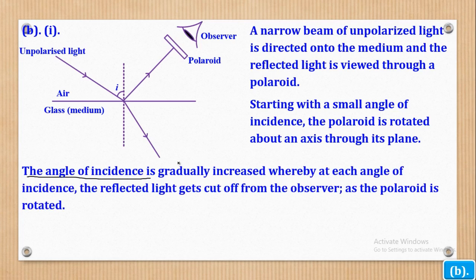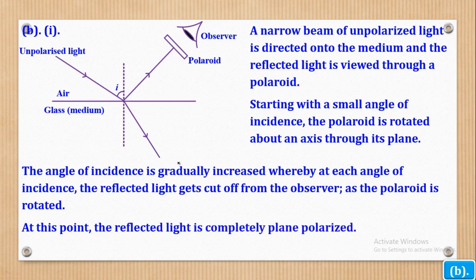The angle of incidence is gradually increased, whereby at each angle of incidence the reflected light gets cut off from the observer as the Polaroid is rotated. At this point, the reflected light is completely plane polarized light.